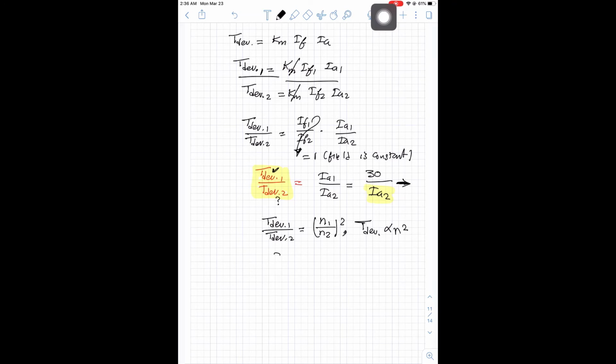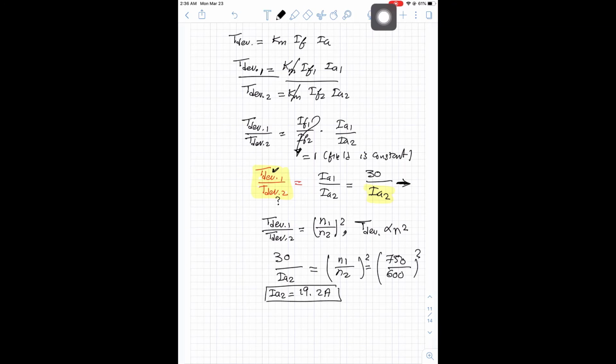Given this, we can write that 30 divided by IA2 equals N1 divided by N2 squared, which equals 750 divided by 600 all squared. From this equation, we get I armature 2 as 19.2 ampere.